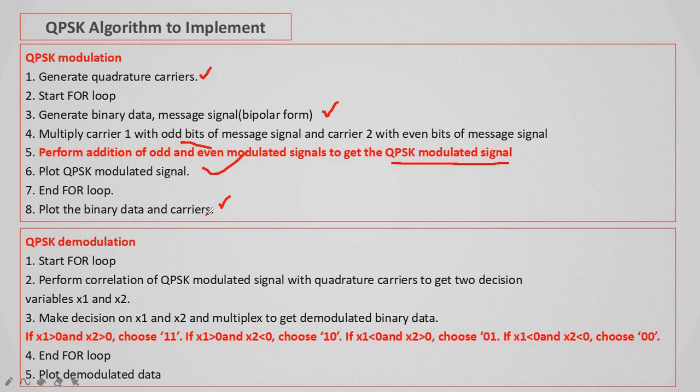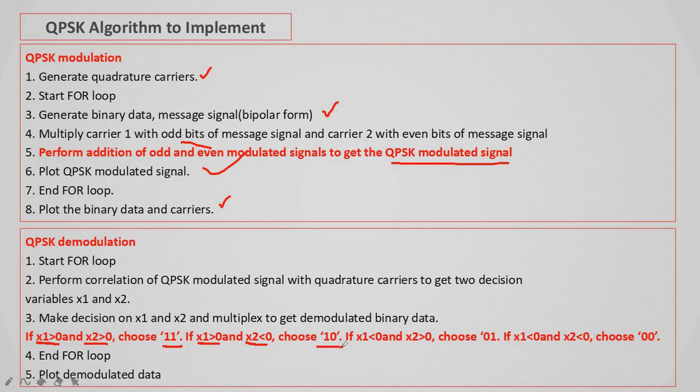Now here, if x1 is greater than 0 and x2 is also greater than 0, that means the combination is 1 1. Here you can see x1 is greater than 0 and x2 is greater than 0, so the combination is 1 1. If x1 is greater than 0 and x2 is less than 0, then the possible combination is 1 0.